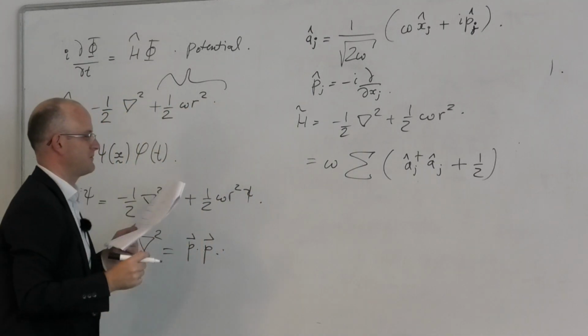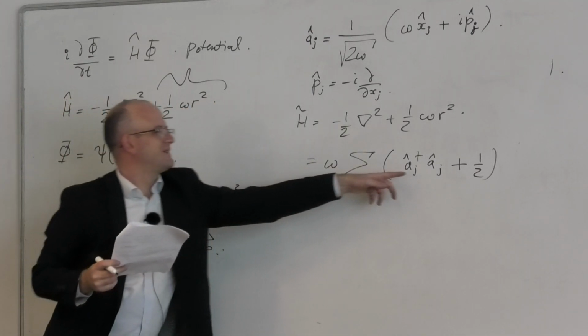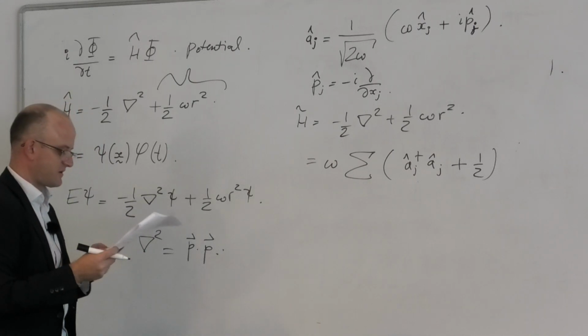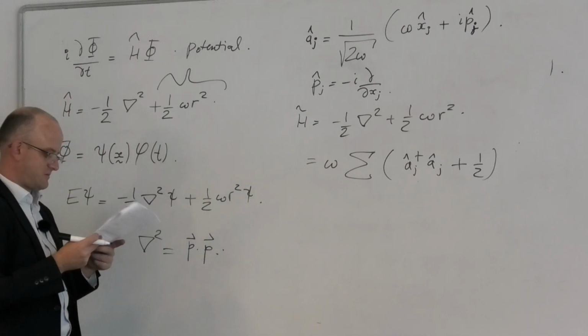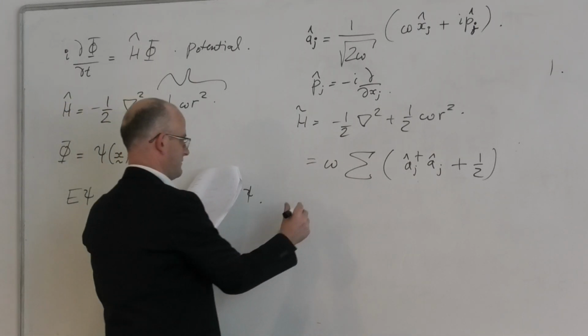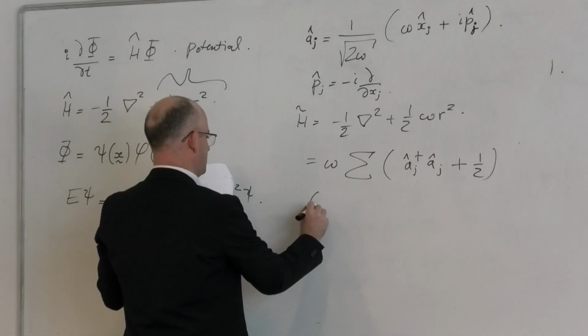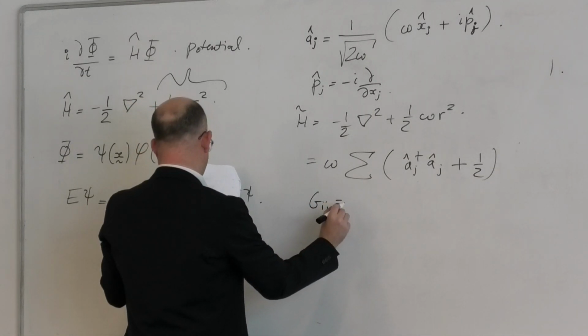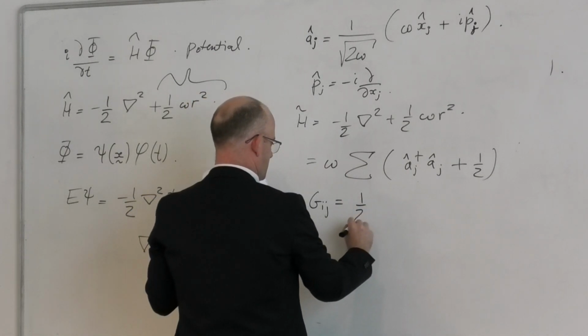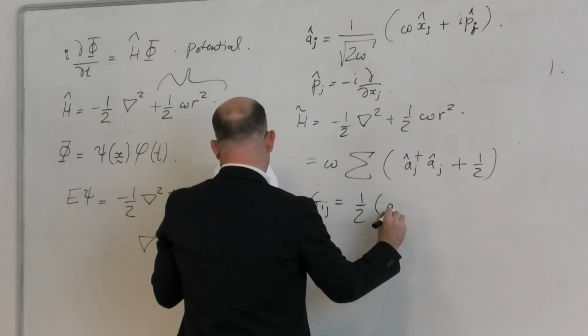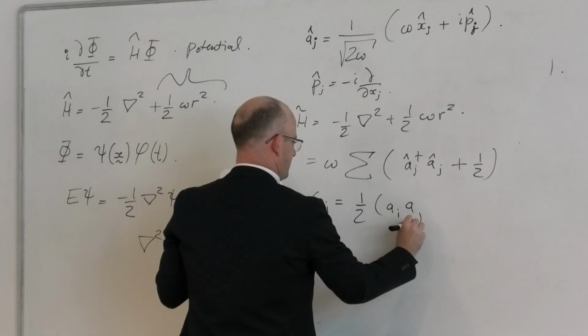Is this familiar to anyone? This bit? Yeah, it's a simple harmonic oscillator, right? And then what you can do is you go a little bit further. We write Gij is equal to 1/2 AIJ.